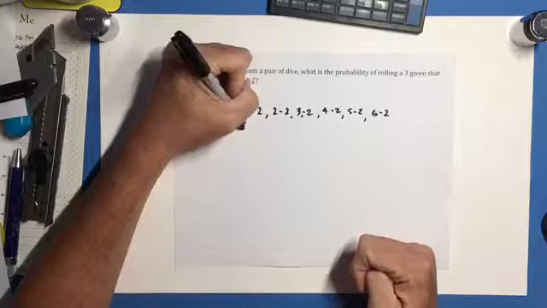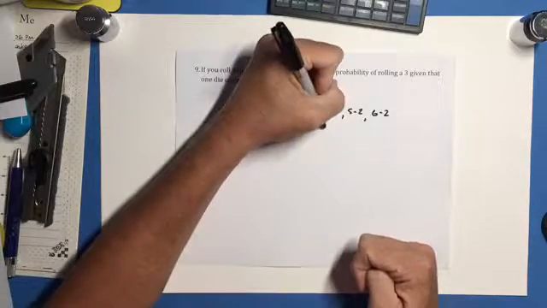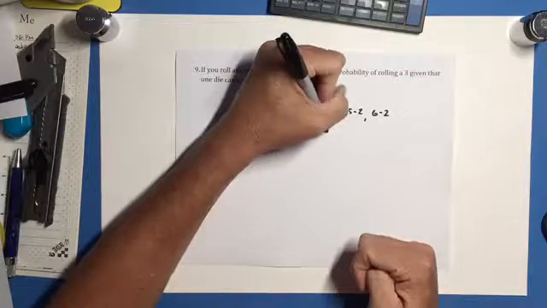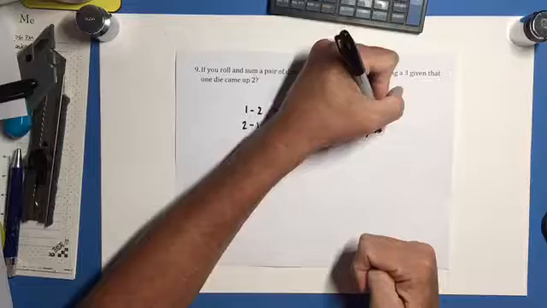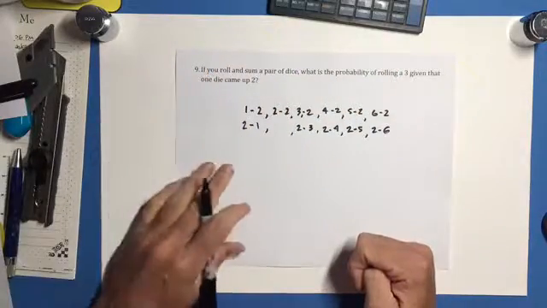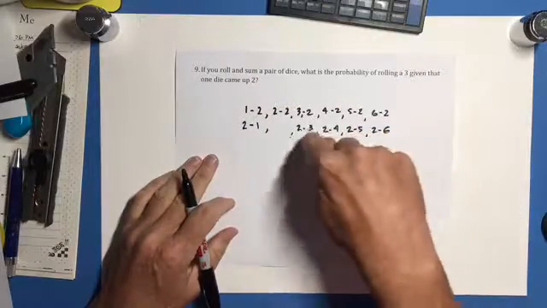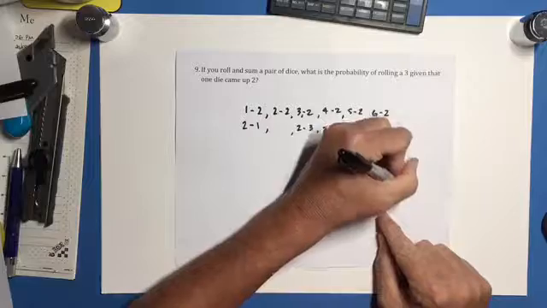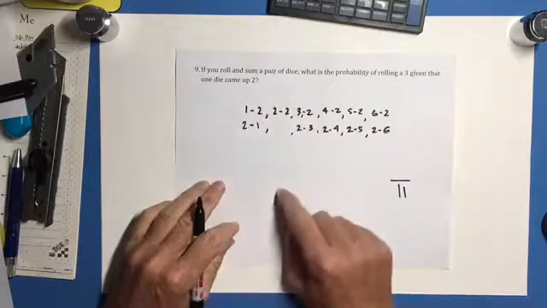But similarly, I could also roll a 2 and a 1, and a 2 and a 3, and a 2 and a 4, and a 2 and a 5, and a 2 and a 6. Can't count the 2 and 2 twice, it's the same thing. So that means there are 1, 2, 3, 4, 5, 6, 7, 8, 9, 10, 11 ways to roll 2 dice if one of them has to be a 2.